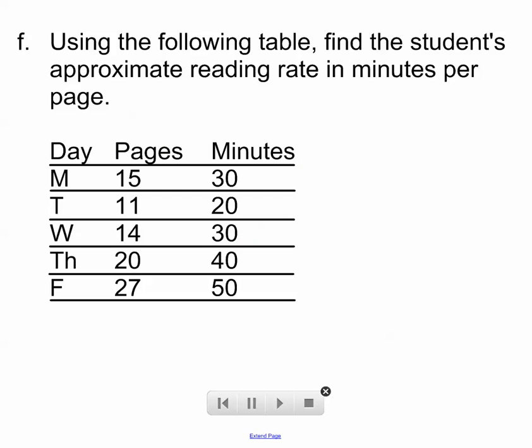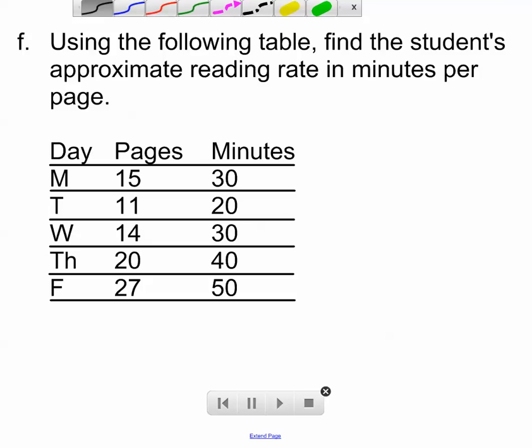All right, one more thing with ratios. Using the following table, find the student's approximate reading rate in minutes per page. Well, you know what? I think in my pre-recorded, I've got this down as pages per minute. So now that I'm reading it a second time, I'm realizing that I kind of messed this up.